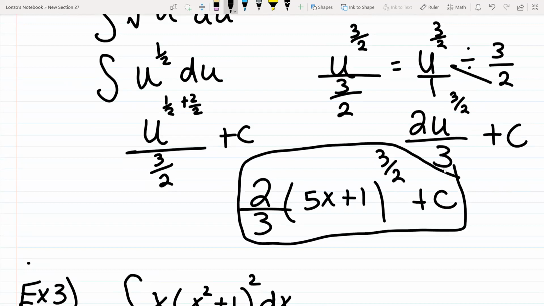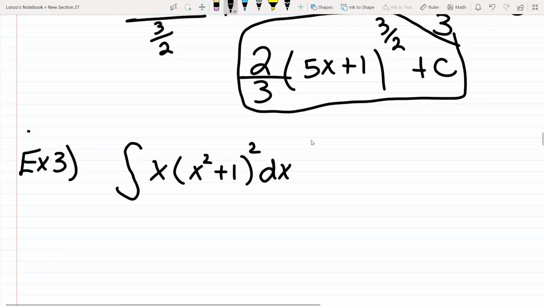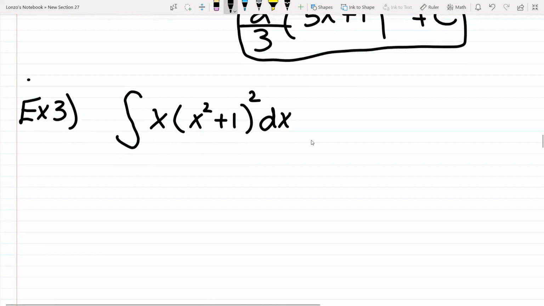Okay, so don't forget the plus c if you don't have any boundaries. Example 3. Definitely you could use U substitution, and I'm going to substitute u with x squared plus 1.